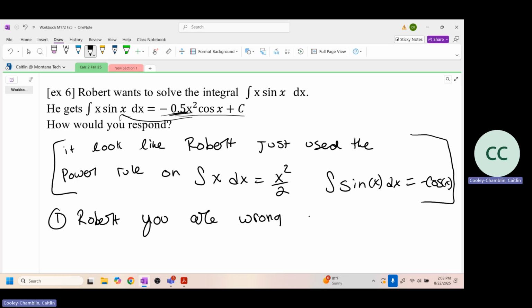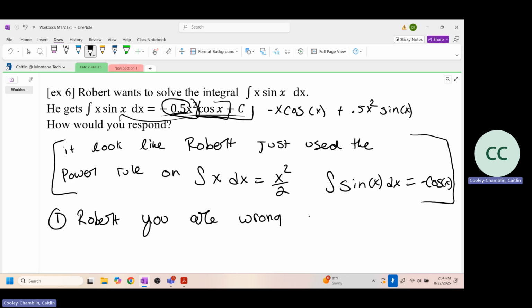And remember, because there's multiplication, we have to use the product rule, which would give us negative x cosine of x plus 0.5 x squared sine of x.